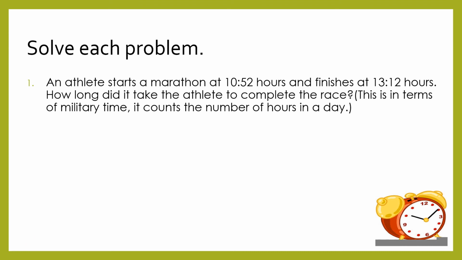All right. So all you have to do is convert, no? So 13 hours, let's convert it, because we have to subtract from 10, no? So your 13 hours and 12 minutes will become 12 hours and 72 minutes because 60 plus 12 is 72.